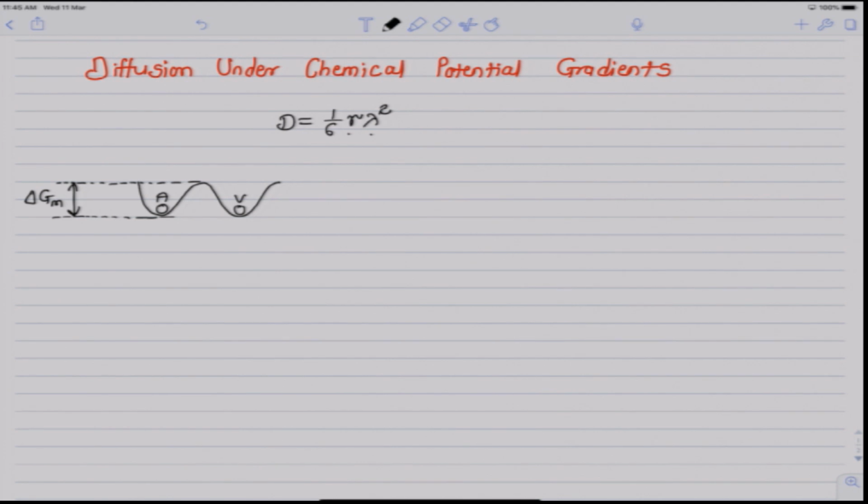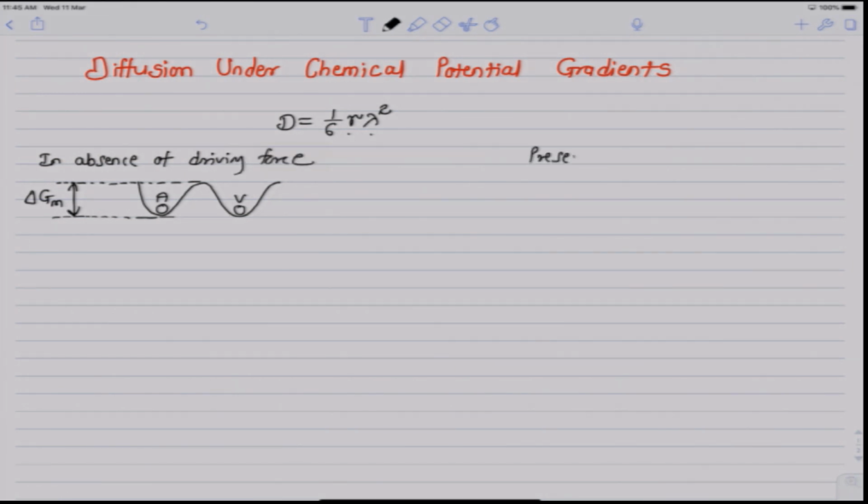When there is a driving force present, the situation is a little bit different. Whenever there is a driving force, the jumps are biased in a particular direction, because if the atom jumps in that particular direction, it causes a decrease in Gibbs free energy. The first diagram we have shown is for the condition in the absence of any driving force.